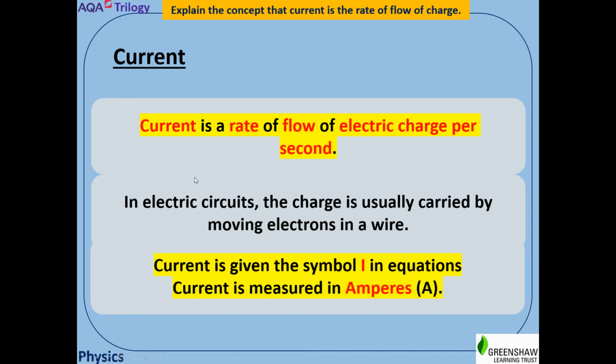The next section that we need to understand is current, and we need to know that current is the rate of flow of electric charge per second. So current is how much charge we had on the previous page that is flowing around a circuit per second.